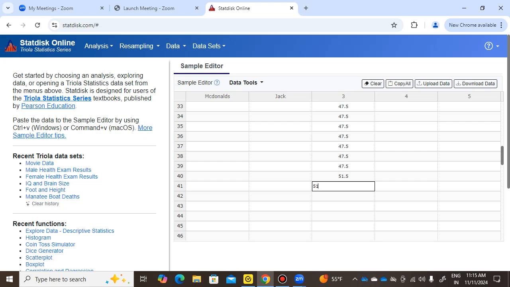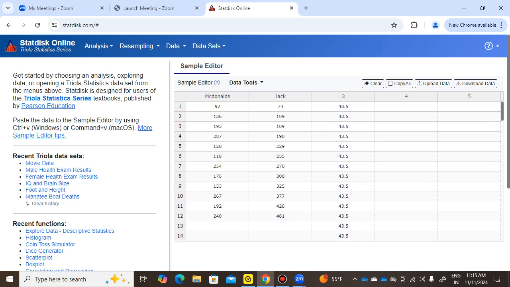We'll do it 3 times. Copy it. And again, 51.5. And then the last one, we're just going to type in 55.5, 55.5, 55.5, and 59.5. Okay, so we got all 50 now in.